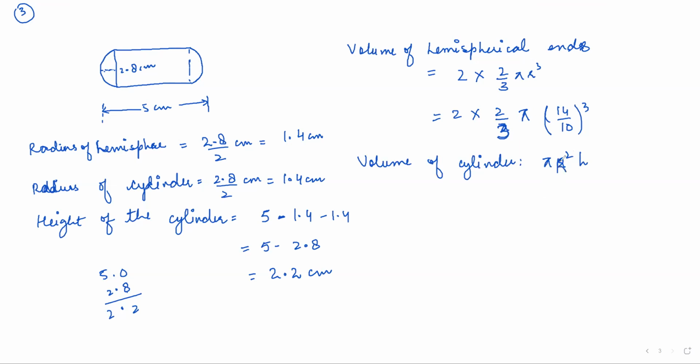Or you can put capital R here because it's something different. That is pi into, what is the radius of the cylinder? It is again 1.4 whole square into the height of the cylinder, 2.2. So you can make it 14 by 10 whole square into 22 by 10. Clear?